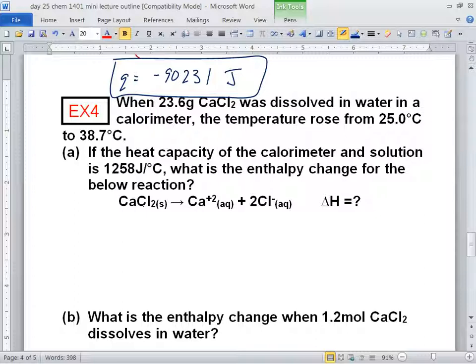See if you can knock out 4. See if you can get a game plan to figure it out.